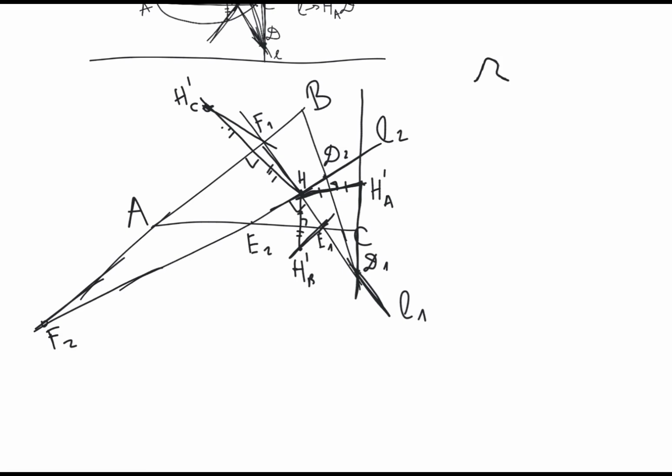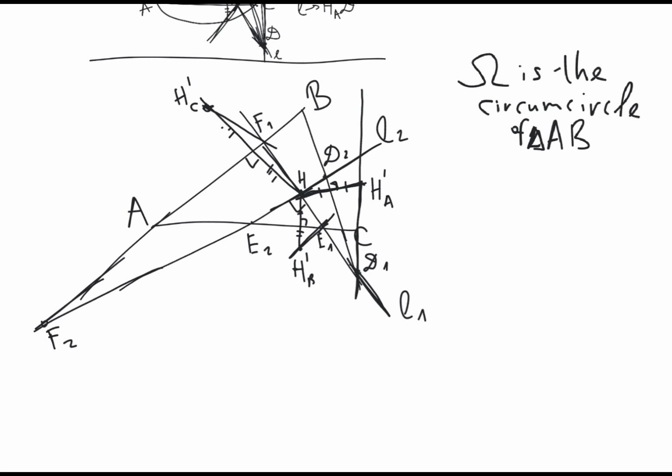Omega is the circumcircle of the triangle ABC, right? So from the theorem that I stated, we know that HA prime, HB prime, and HC prime lie on this omega.